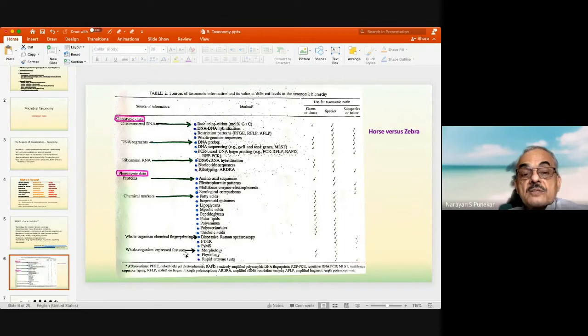Then the whole organism expresses features like morphology, which we discussed, physiology, rapid enzyme tests. Okay, so most aerobic organisms, over evolution, have learned how to tolerate oxygen concentrations, because oxygen can be very toxic because of reactive oxygen species.